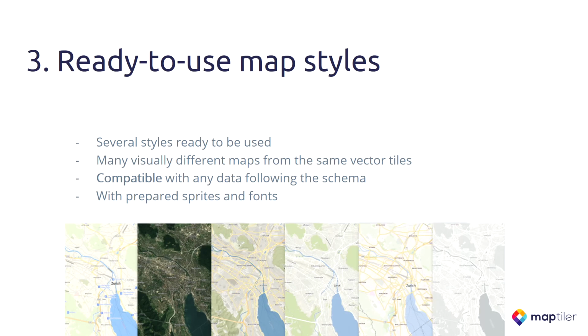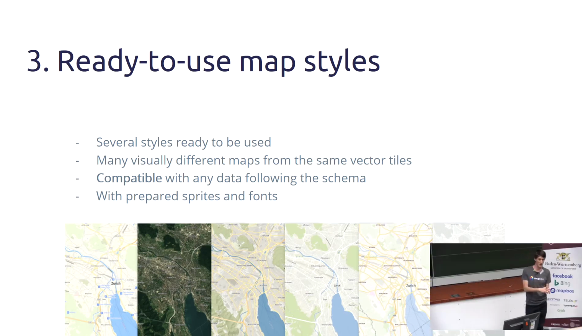So you can say, for instance, let's take everything from OpenStreetMap except for roads, because I have my own roads. If you follow the schema, then you can get exactly the same output as here.